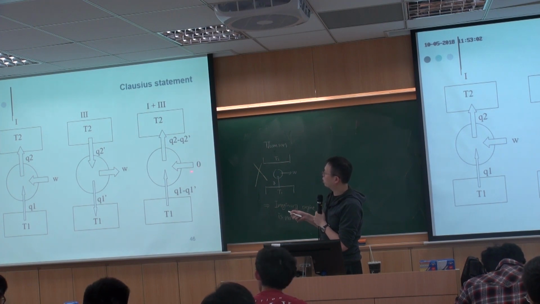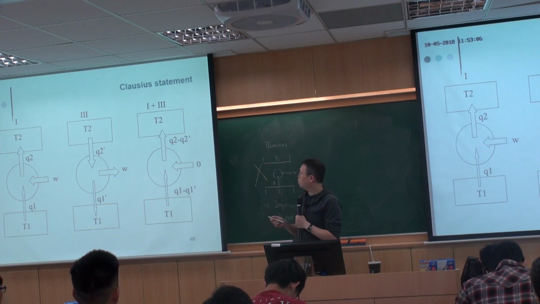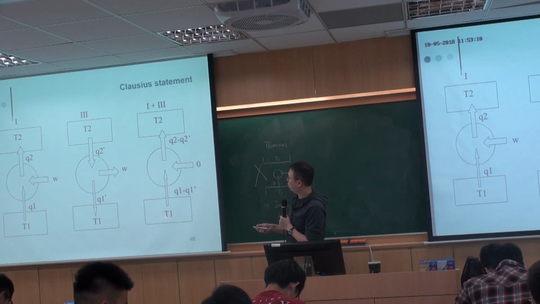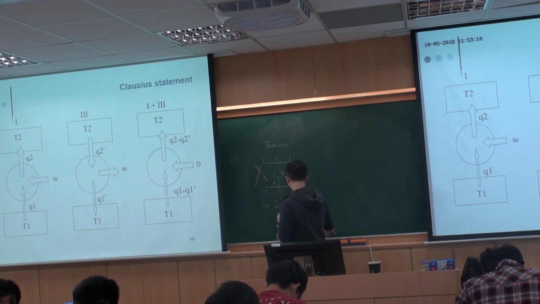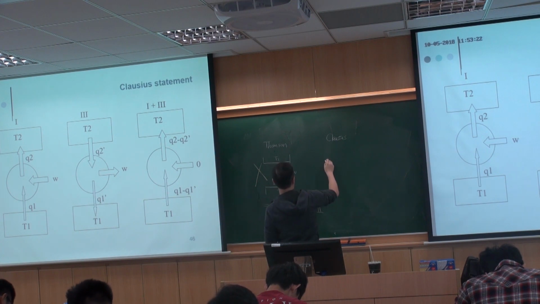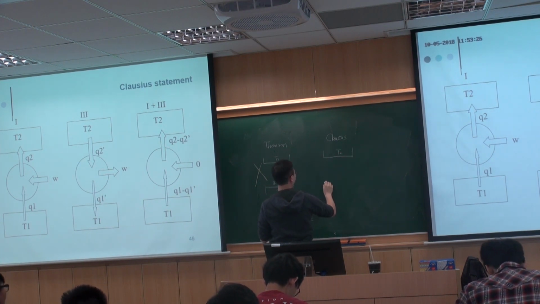Therefore, you have no work being sent into the mechanical part, but at the same time, you have heat flow coming from the low temperature part flowing into the high temperature part. So this is Clausius' picture that this is not possible.